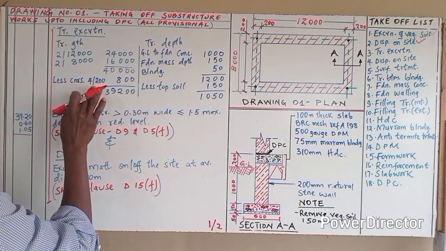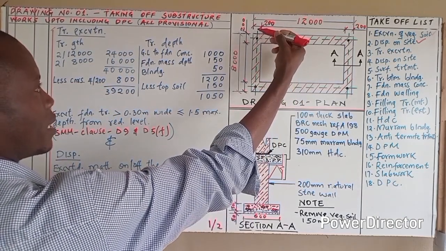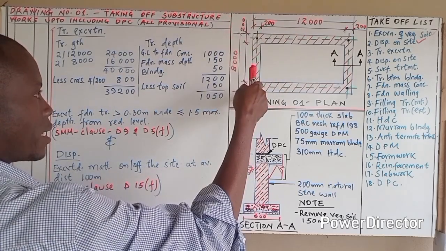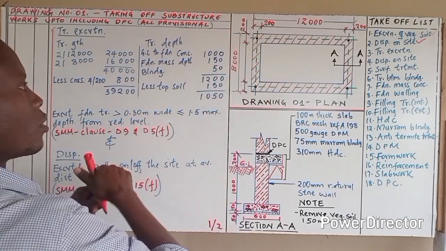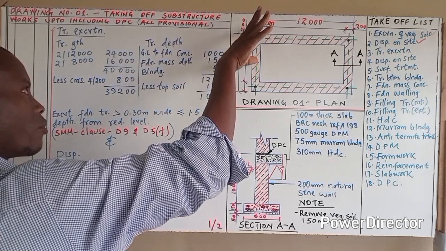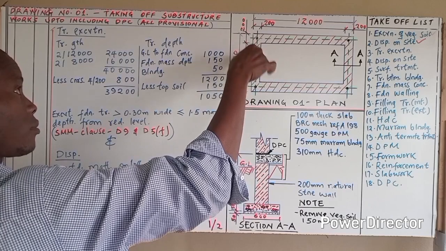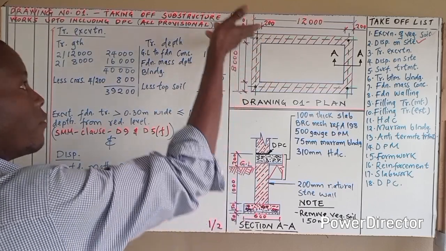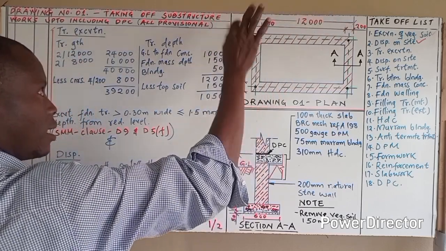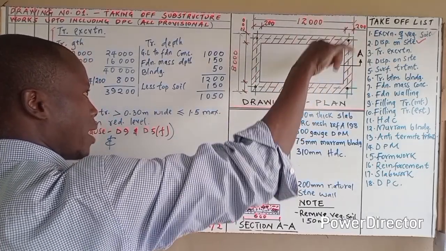And then you less corners. That is, this 100 and this 100 makes 200. Now, for this wall, for the mean girth, this point to this, it is less 100, 100, making 200. So for a single wall, less 200. For another wall here, less 200. For another wall, less 200.